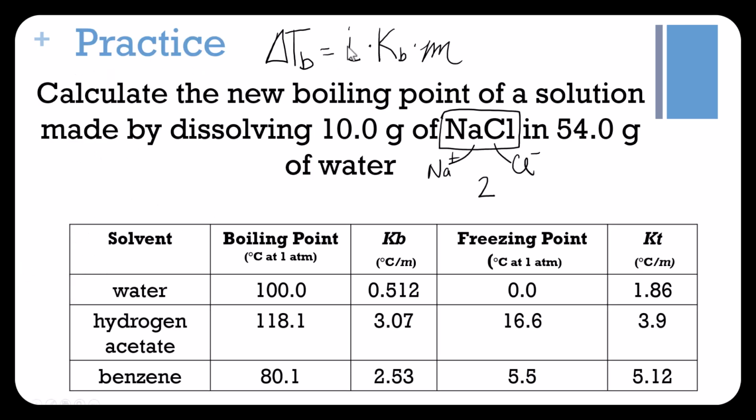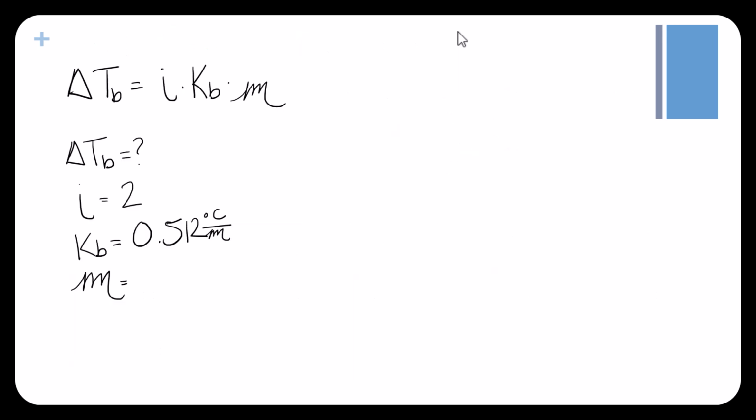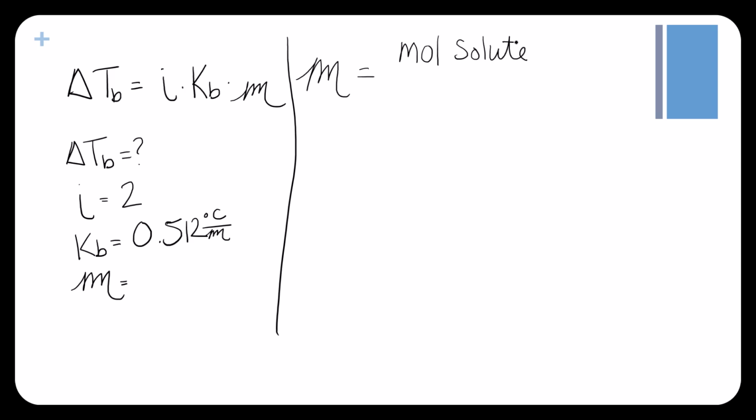All right, lastly, we need to determine molality. We are not given molality directly in this problem, but we certainly have enough information to solve for it. This one's going to take a little bit of work over here. Remember, molality is moles of solute over kilograms of solvent.